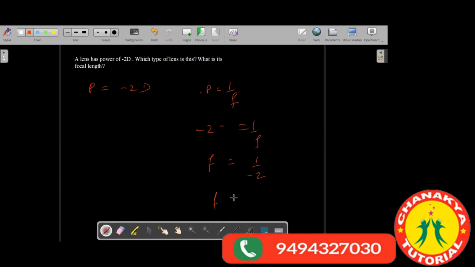So f is minus 0.5 meter. Now convert this into centimeters, you get 50 centimeters. So the focal length of the lens is minus 50 centimeters. Got it? Any doubt? No, sir.